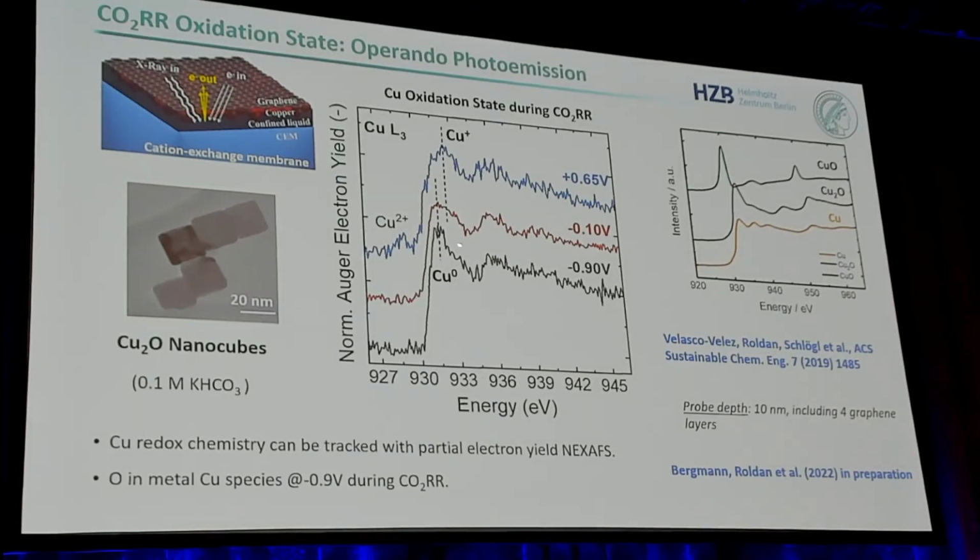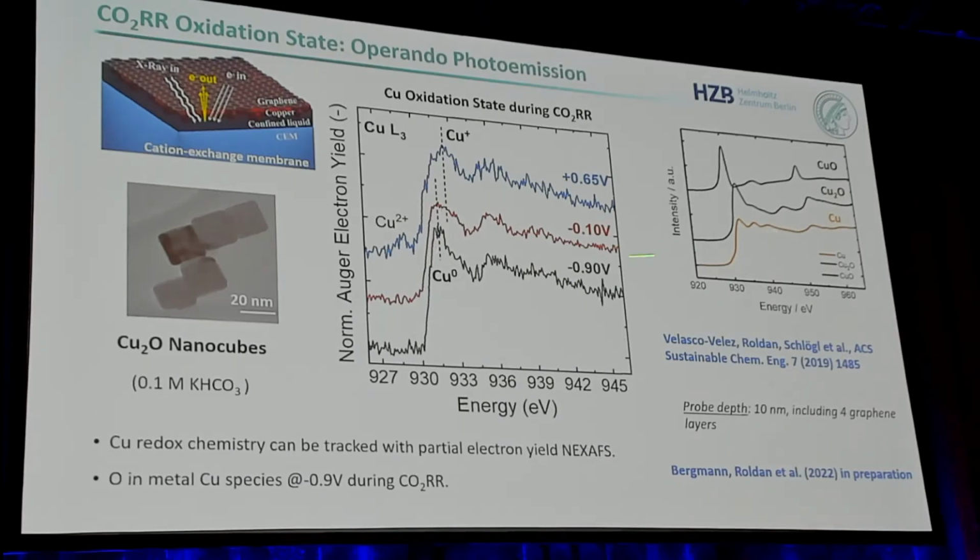If you look at the raw data here with further analysis, you can see that when you are working at high positive potential, you see here the clear feature from Cu2+, and you see also Cu+. You start the reaction, you go to minus 0.1 volt, and you start seeing that the Cu2+ is gone. You still see Cu+. But now I'm here under my negative electroreduction conditions, where I'm making ethylene and the hydrocarbons, and look at this spectrum.